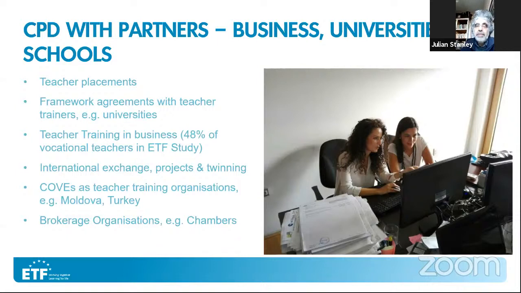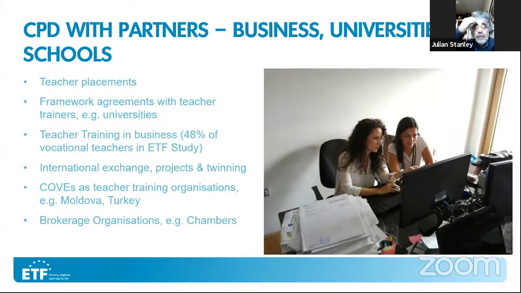International exchanges and projects and twinning are very clearly a great opportunity for learning, and schools which are well organized have sessions to transfer that training across all of the teachers in their schools after the twinning and after the projects. Some schools are developing to be teacher training organizations themselves.